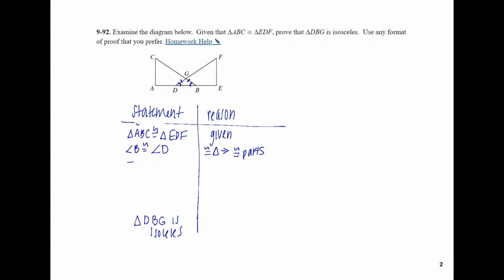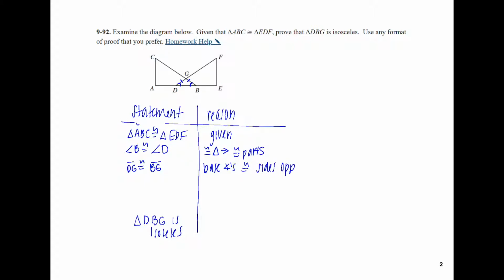Because if the base angles of a triangle are congruent, then the two sides opposite those are also congruent. So base angles are congruent.